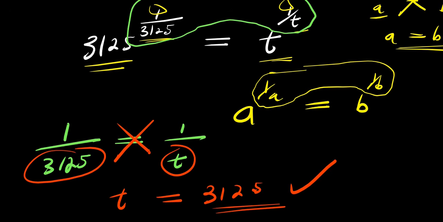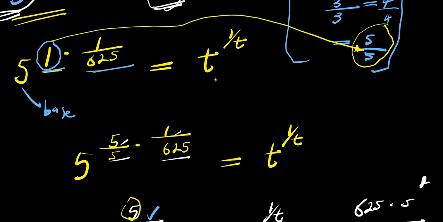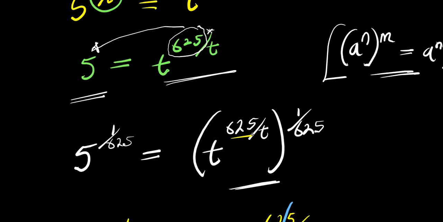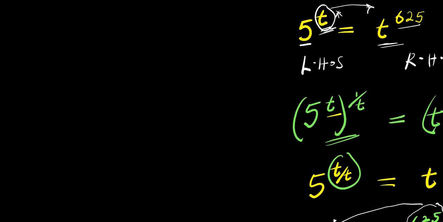So this is my answer. Now, you can actually insert this particular value back into this equation, and both sides should be equal. So our t equals 3125.